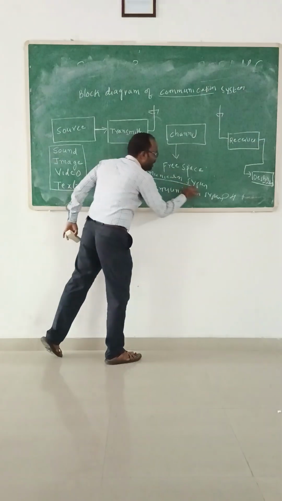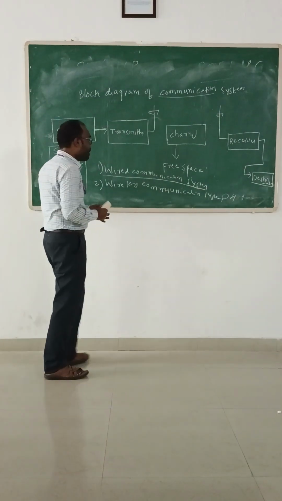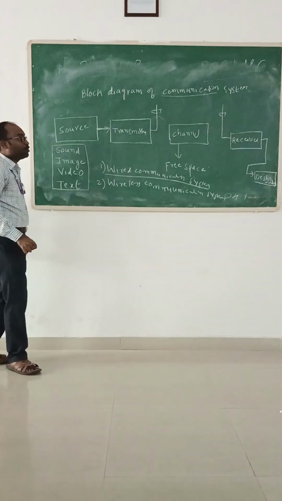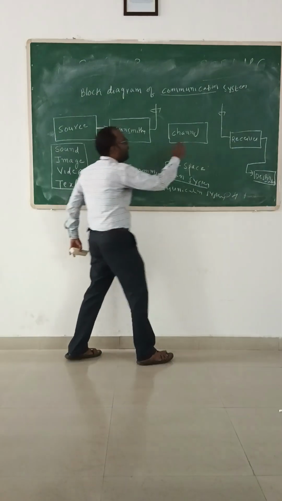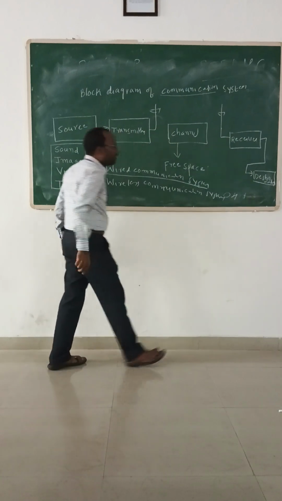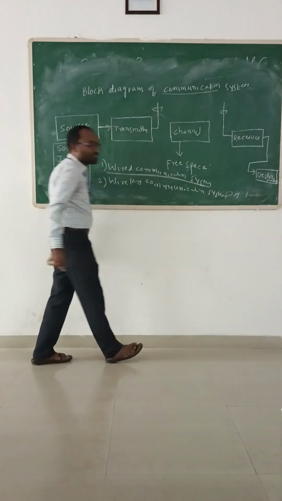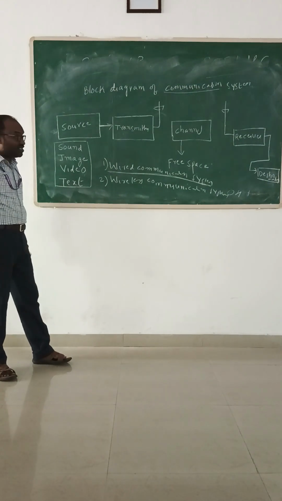A wired communication system is one in which the channel is physically connected to the transmitter and the channel is physically connected to the receiver. What is meant by a physical connection?